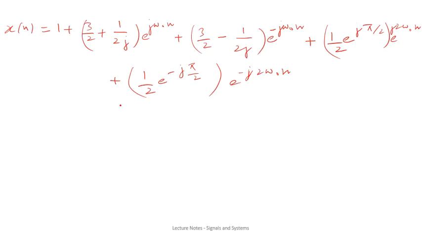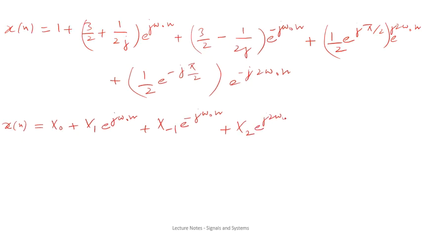Now whatever expression you have obtained, you can compare it with the standard form, that is x[n] equals to X0 plus X1 e raised to the power j omega naught n plus X minus 1 e raised to the power minus j omega naught n plus X2 e raised to the power j 2 omega naught n plus X of minus 2 e raised to the power minus j 2 omega naught n.